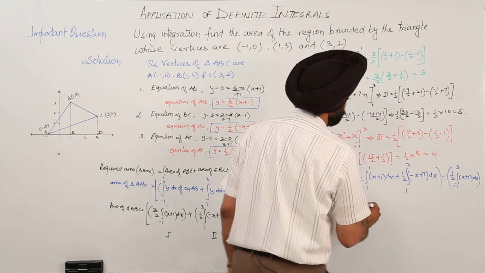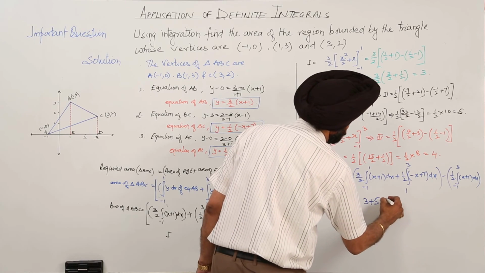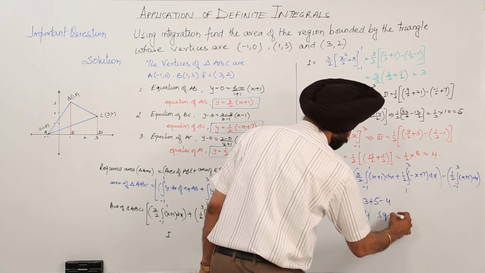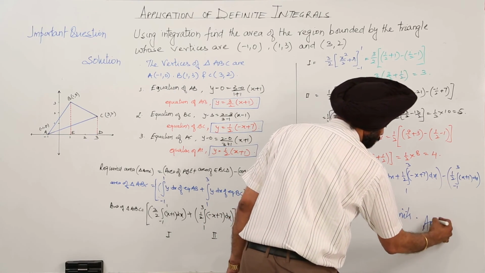This is equal to 3 plus 5 minus 4, which is equal to 4 square units. So this is the answer.